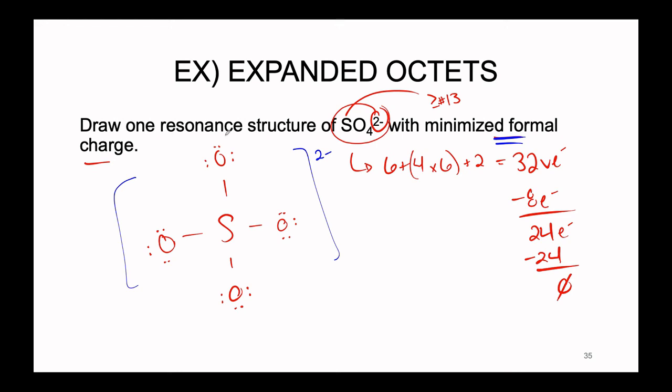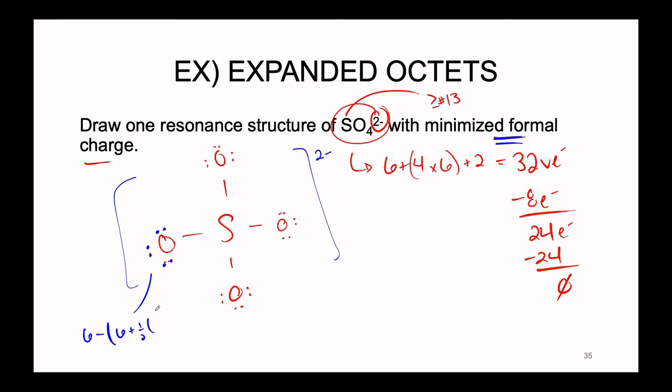So let's start with our oxygens. Each of these oxygens looks the exact same. They all have the same characteristic bonding pattern. Let's see, so I'll do this one. Each of these oxygens has 6 valence electrons. We're going to subtract out our 1, 2, 3, 4, 5, 6 total lone pair electrons.